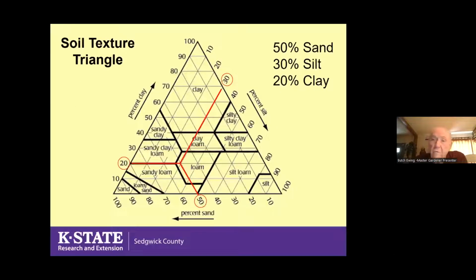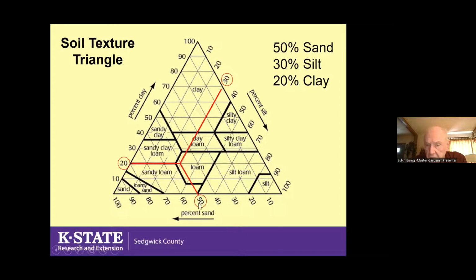So once you find out what the percentage of each of these particles is, you can plot that on this soil texture triangle, which is kind of a busy looking thing here, but it's very handy because let's say you've got 50% sand, 30% silt, and 20% clay. Each side of that triangle represents a scale for each of those particles.